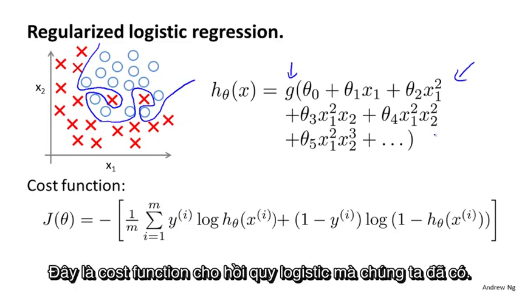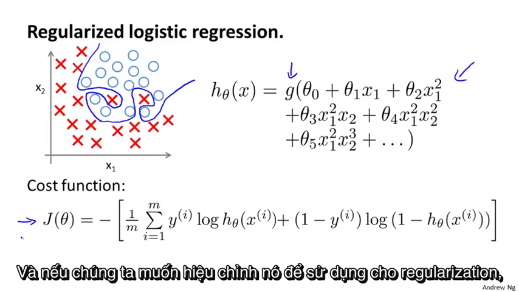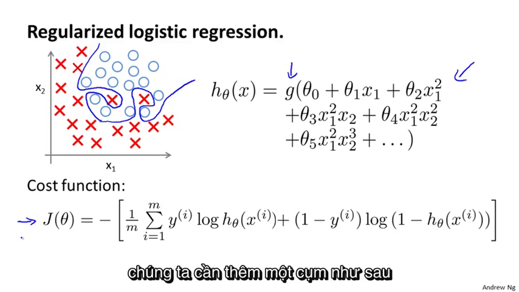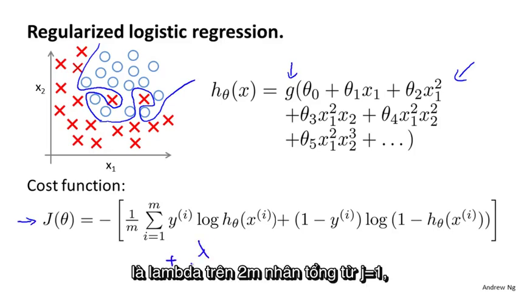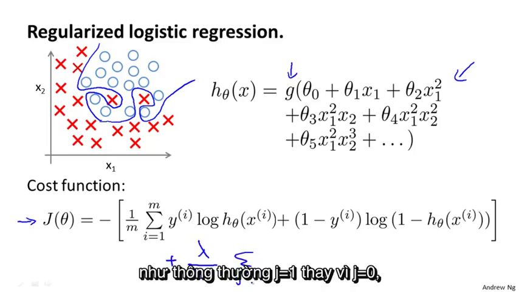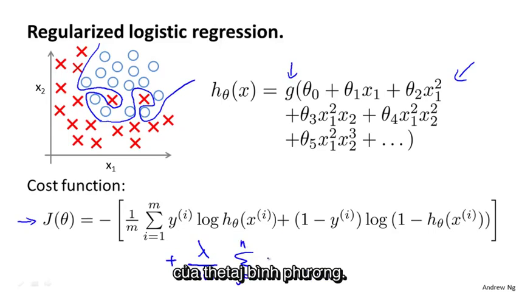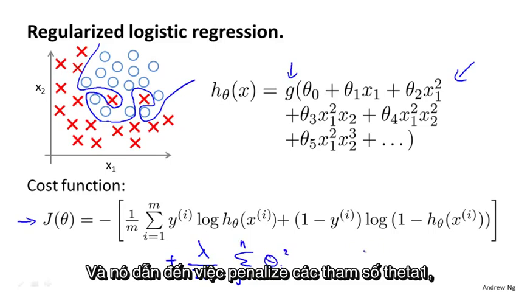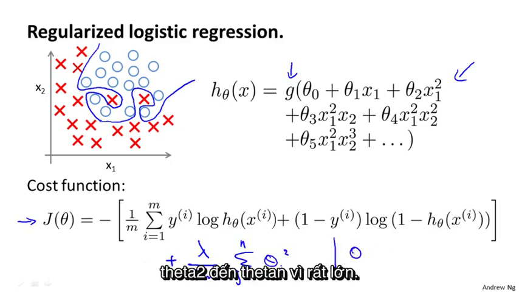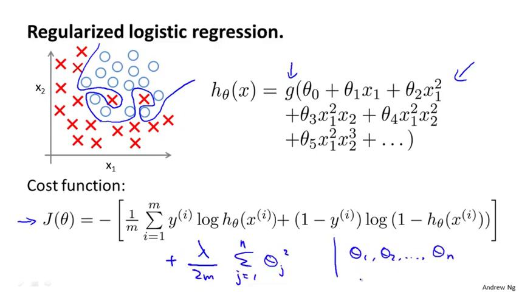This was our cost function for logistic regression, and if we want to modify it to use regularization, all we need to do is add to it the following term: plus lambda over 2m, sum from j equals 1, as usual, rather than sum from j equals 0, of theta j squared. This has the effect of penalizing the parameters theta 1, theta 2, and so on, up to theta n, from being too large.